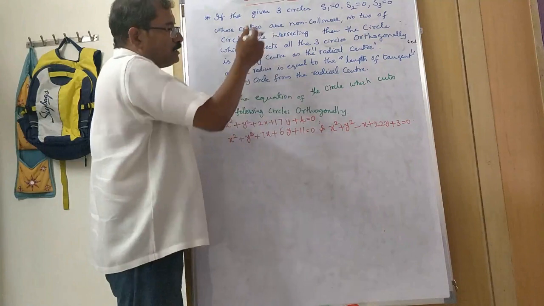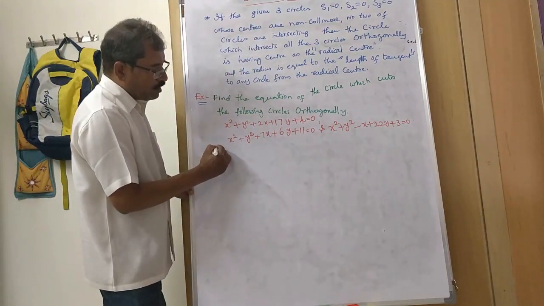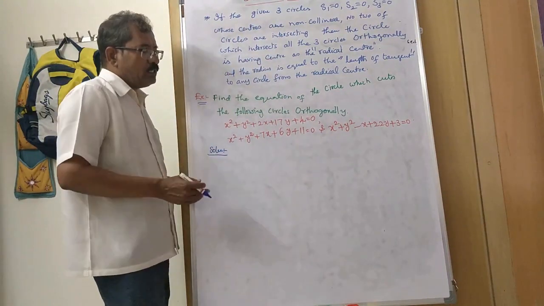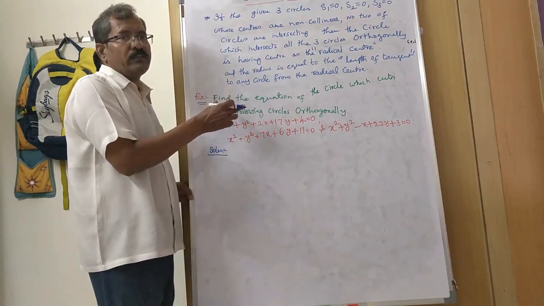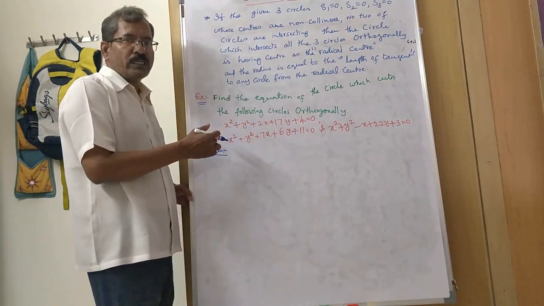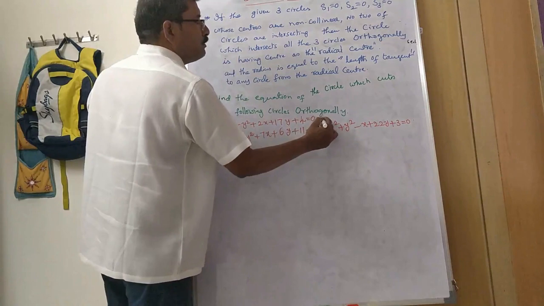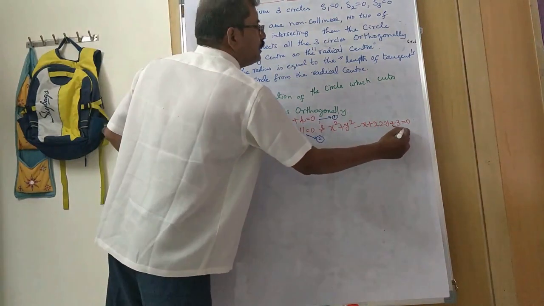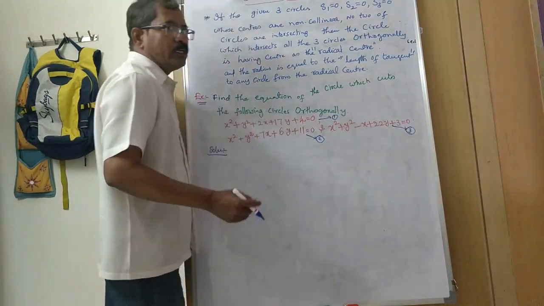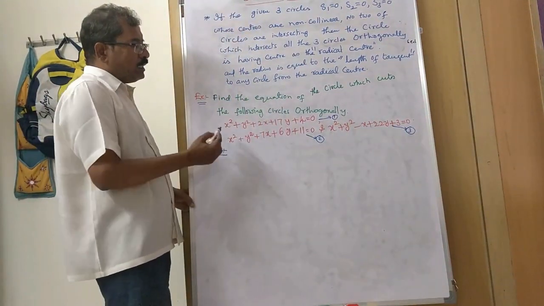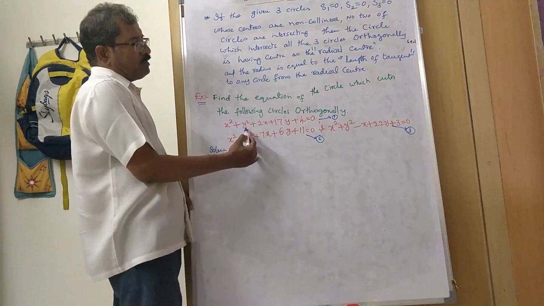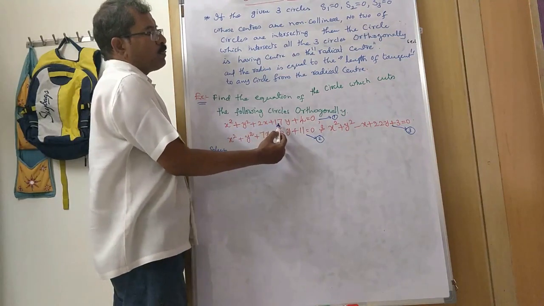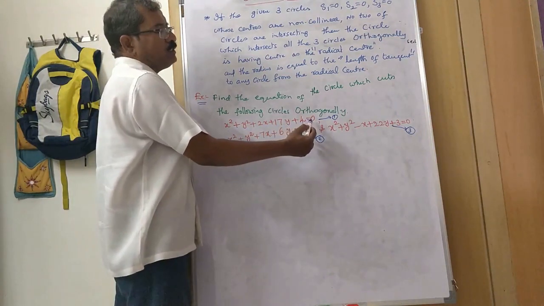Right. This is based on that. First of all, what do you find? You find the radical center of the given three circles. Say this is equation number 1, S1, this is 2, and this is 3. Let us say the equations are S1: x square plus y square plus 2x plus 17y plus 4 is equal to 0.